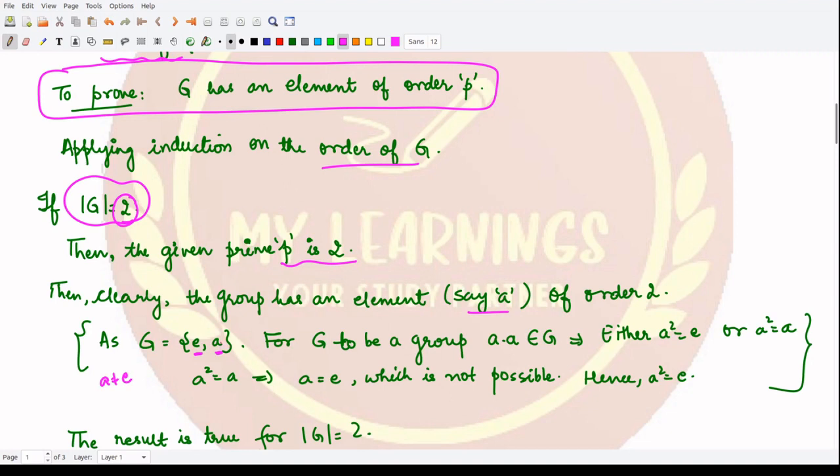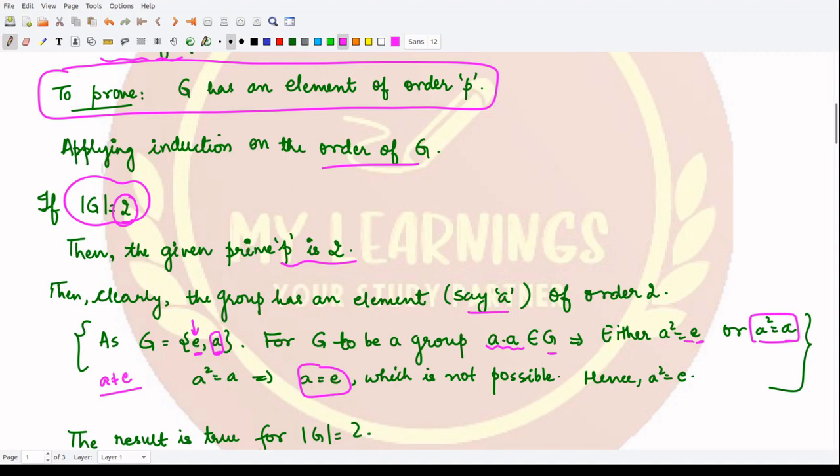Now, if this is a group, then the closure property, the existence of identity that we have already taken, the existence of inverse and associativity, all such properties should hold here. So if you apply the closure property onto A, A into A should also be present in G, but we only have two elements here, E and A. If you have A square equal to A, by the cancellation law, you have A equal to E. This is not possible because we have taken them to be distinct elements.